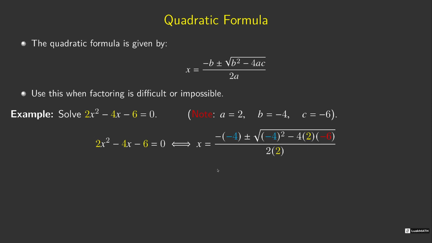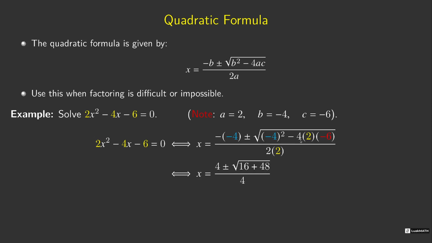Okay, now next we simplify, and you can see that the minus and the minus will cancel. So minus minus 4 will give you 4, which is what I have right here, plus or minus. Now under the square root, we square the minus 4. When you square the minus 4, you lose the minus sign, so you get 16. And then you multiply these 3 numbers.